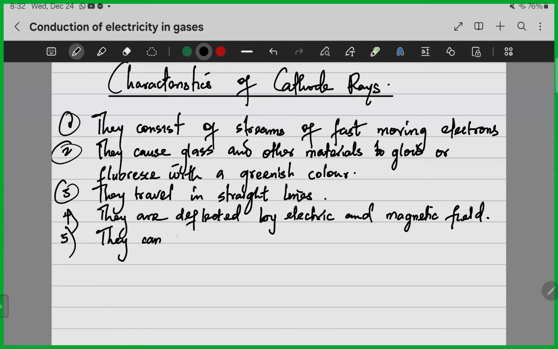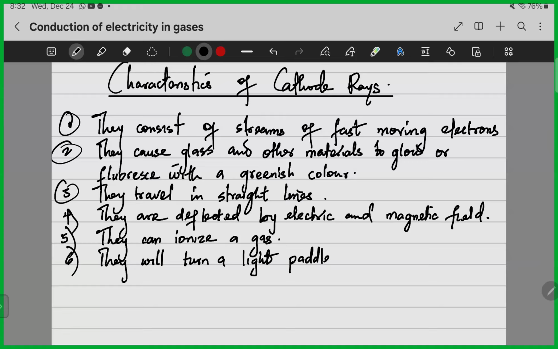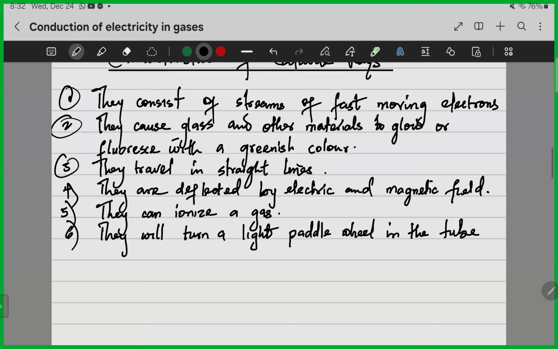They can ionize a gas. They will turn a light paddle wheel in the tube because they have mass, momentum, and energy.